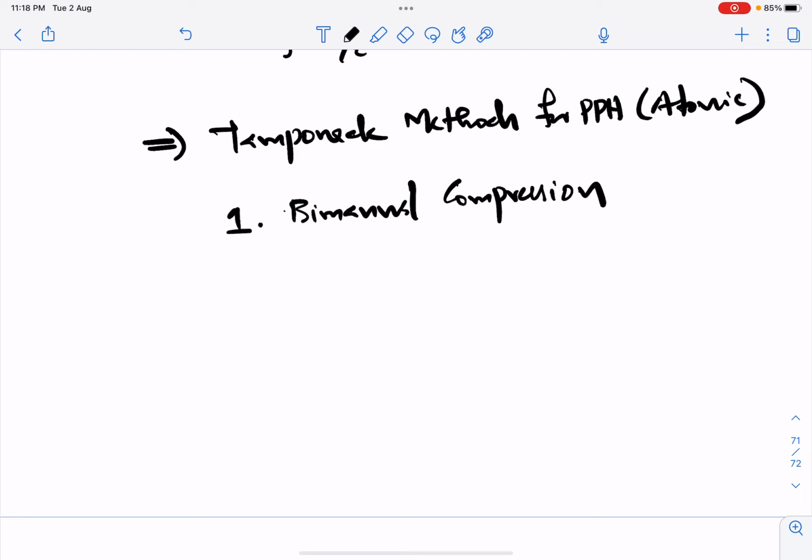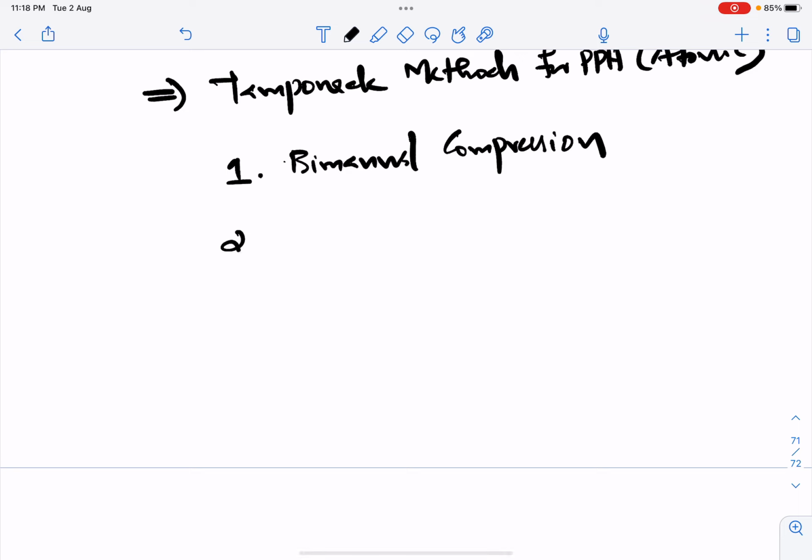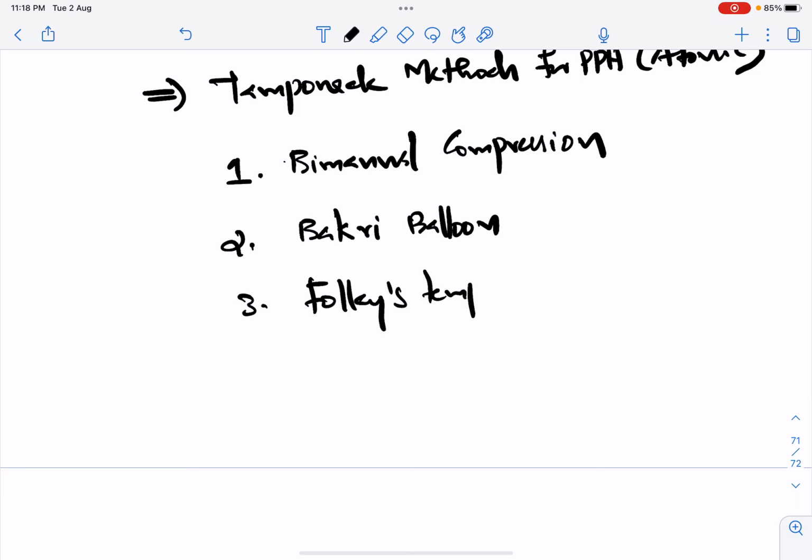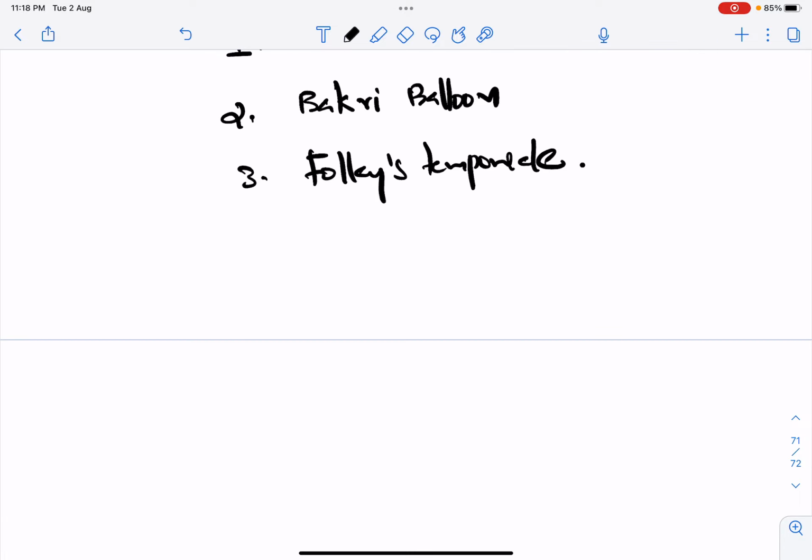Also you can use something called the Bakri balloon, or there is Foley's tamponade. Now, if it still persists even after the tamponade methods, you can go for surgical methods.